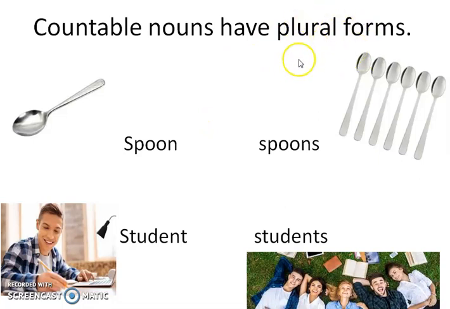What do we mean by plural forms? Plural forms that we can add s or es to the original noun, in order to make it plural. Okay, so as you see here, spoon can be spoons. Student can be students. So these all are countable nouns which have plural forms of the same original one.